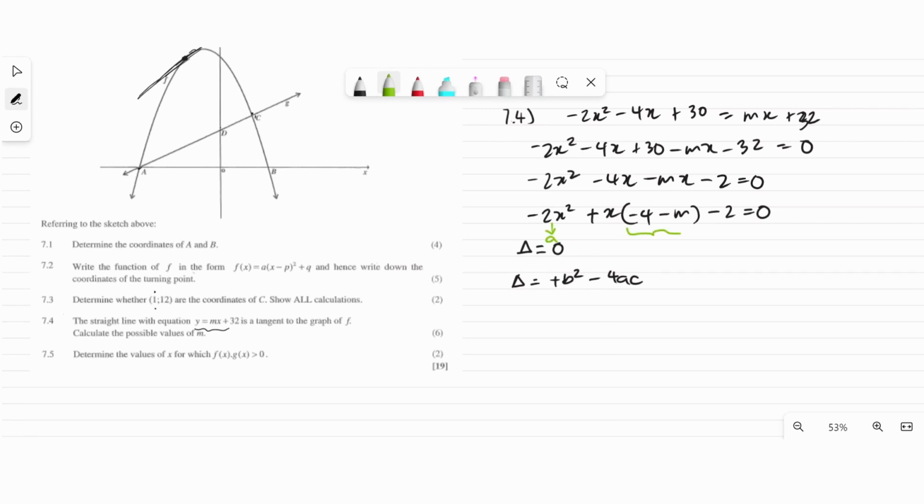This whole thing is going to be my b, and this one is going to be my c. So substitute that. So you're going to get open bracket, -4 minus m, squared minus 4a and c. Simplify everything and expand this one. So you're going to get this.